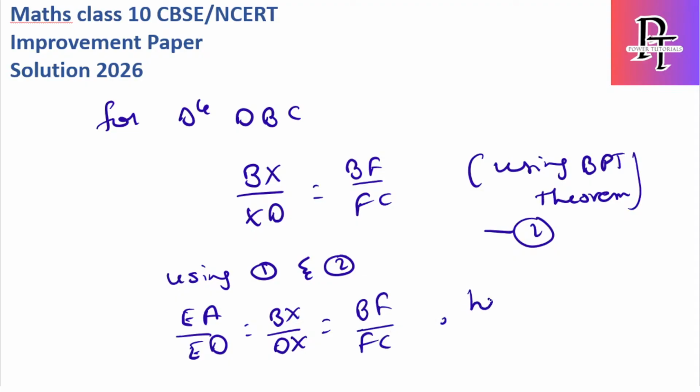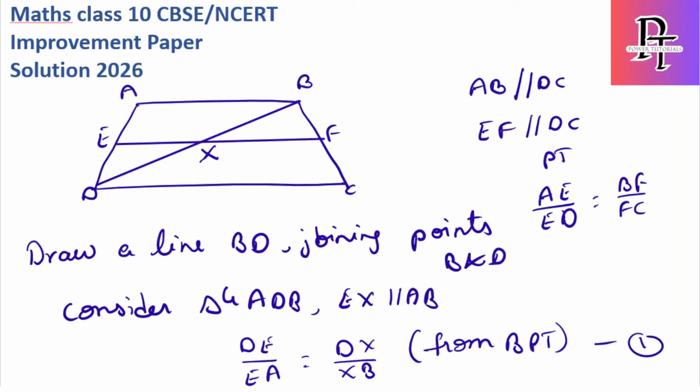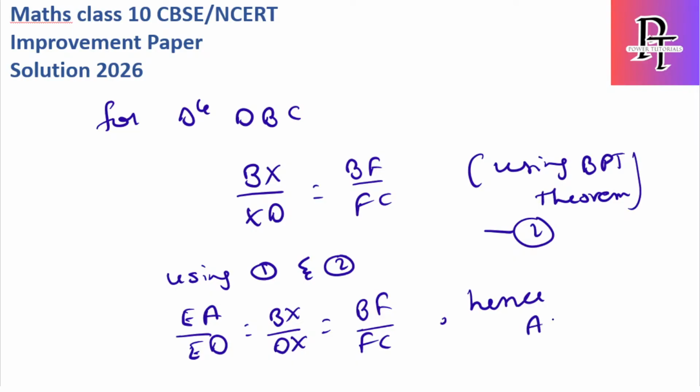Hence we get the equation which they asked, AE by ED is equal to BF by FC.